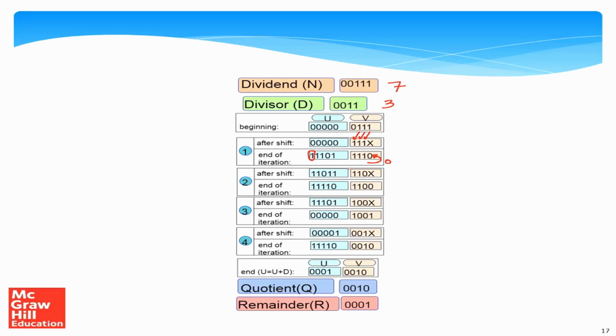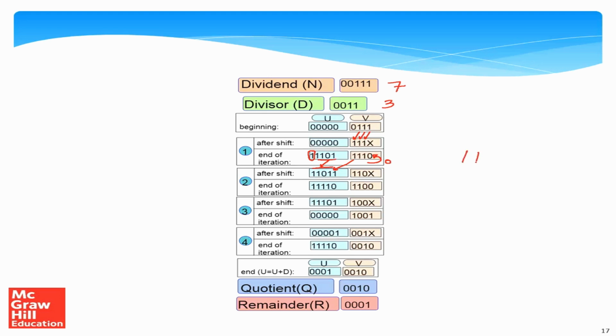After this we perform one more shift. So we have 1101, and 1101 gets shifted to here. 1 gets shifted here, and here we have 110, and we have one bit that we'll fill later. This number is negative. Since this number is negative, instead of subtracting, we actually add the divisor.